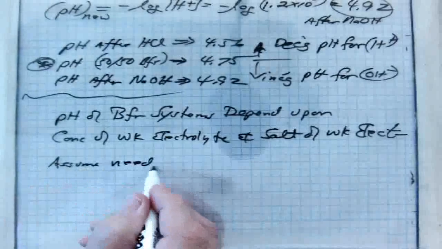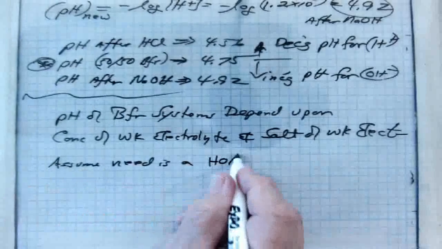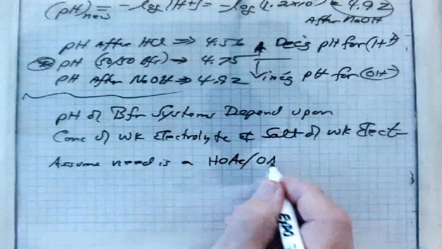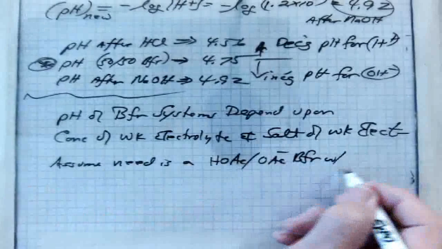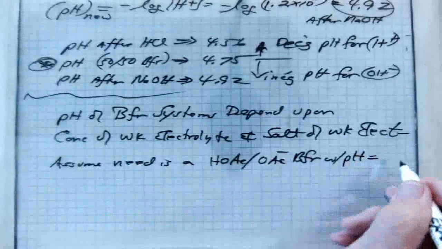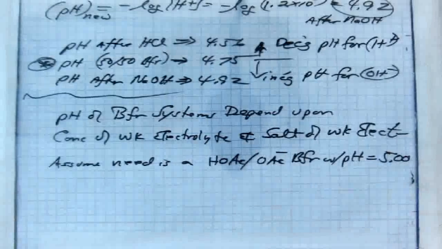The rule is to pick a pKa value plus or minus 1 of the target pH you're trying to make.